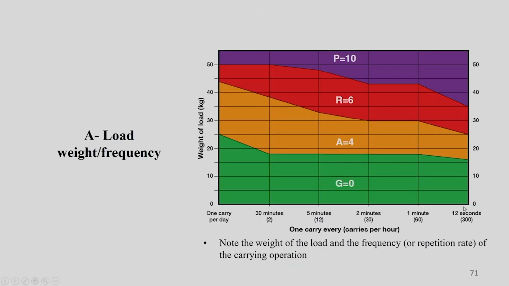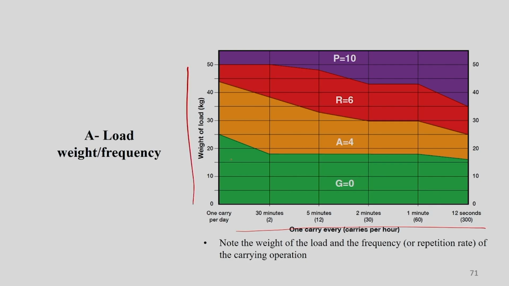Now the similar type of chart for load, weight and frequency for carrying the things. So the weight of the load and the frequency of the carrying operation you have to get from this particular chart. How many times you are carrying per minute and per second, and what kind of load you have.